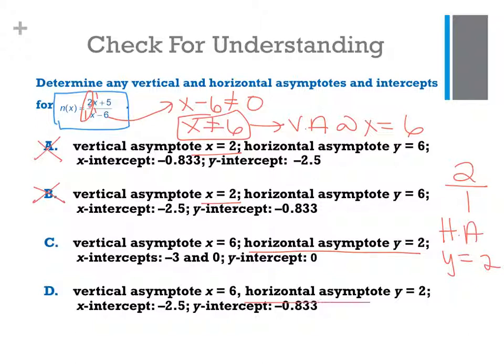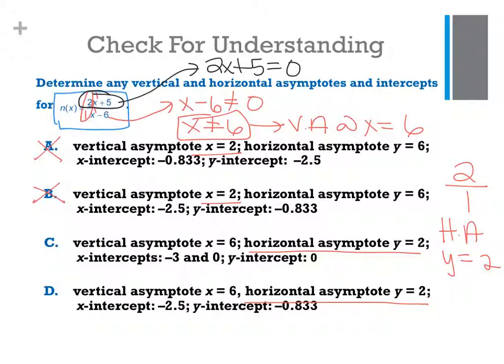And if we want to find our y-intercept, let's find our zeros. If we find our zeros of our function, or our x-intercepts, that is where the numerator is equal to 0.